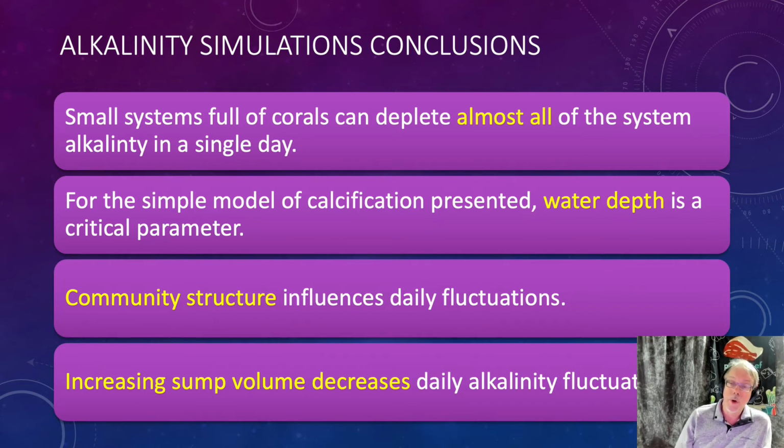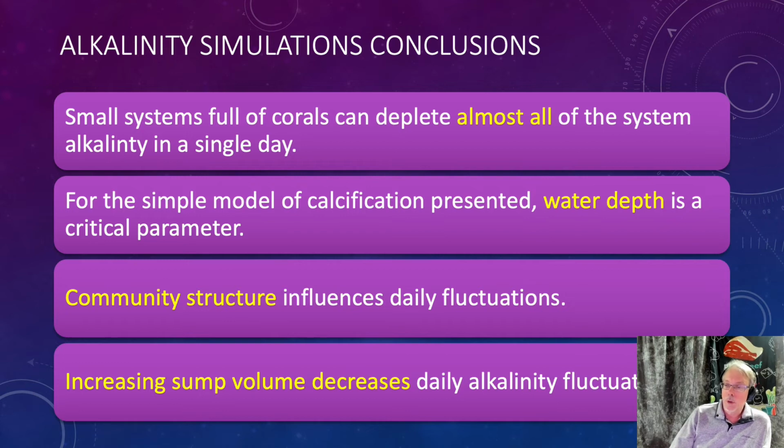So more water volume damps out these fluctuations, because in the model, the corals are distributed on a surface. So the surface area at the bottom of the tank projected down, versus the whole volume of water. So deep tanks may have a stability advantage.